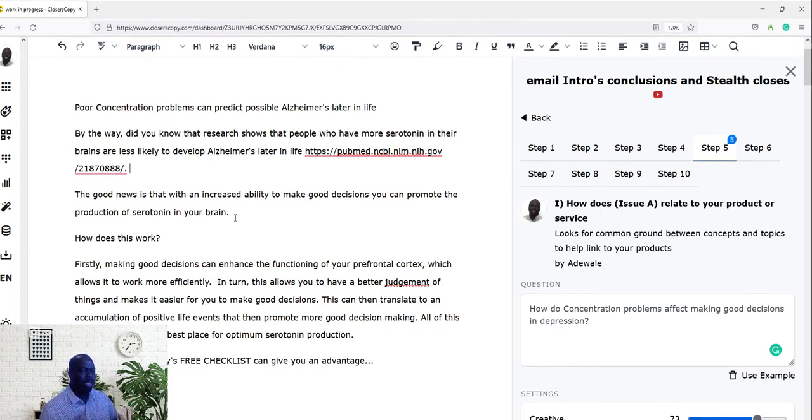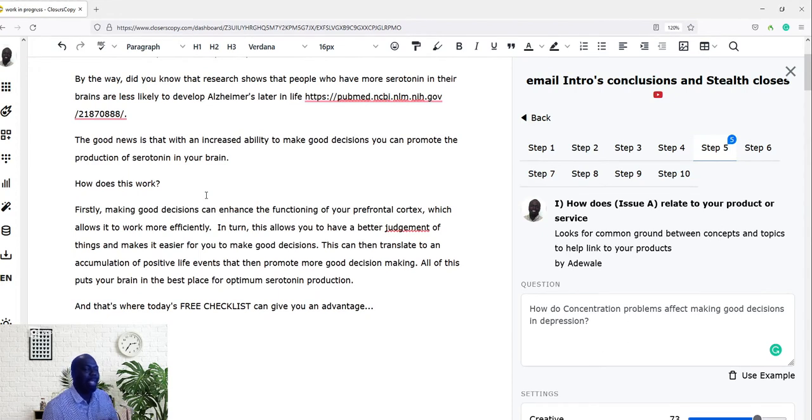So now the next step makes the connection to making good decisions. So how does this work? Firstly, making good decisions can enhance the function of your prefrontal cortex, which allows it to work more efficiently.